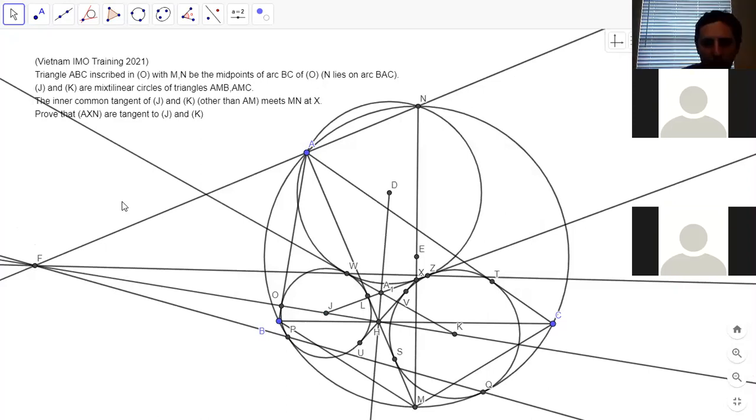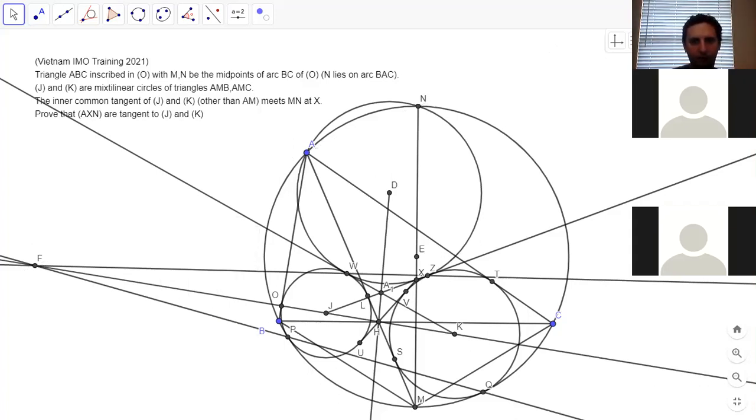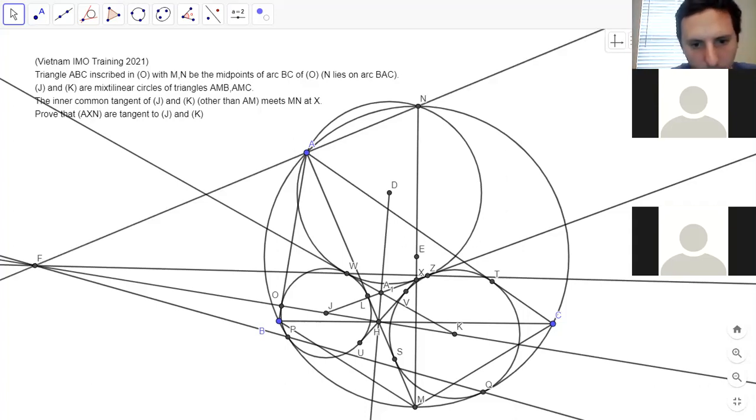Okay. But I'm not sure how to do FAN. Okay, but you know that these other three are collinear? Yeah, the intersection of PQ and JK is the exsimilicenter of J and K by Monge.